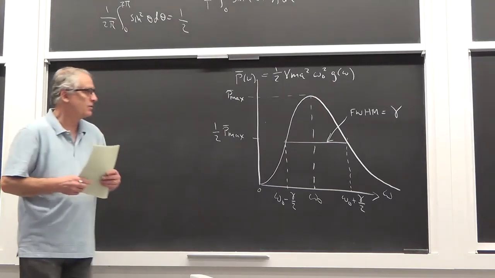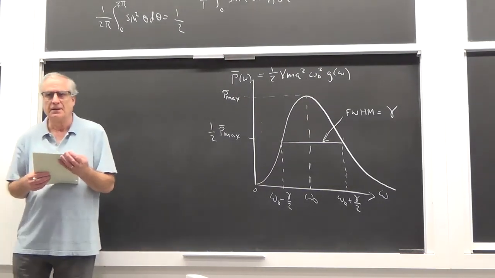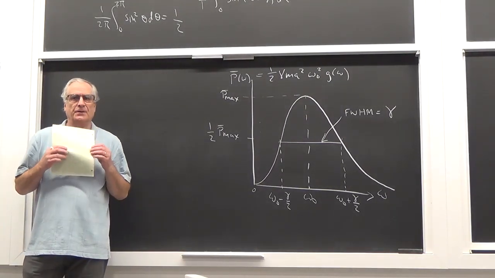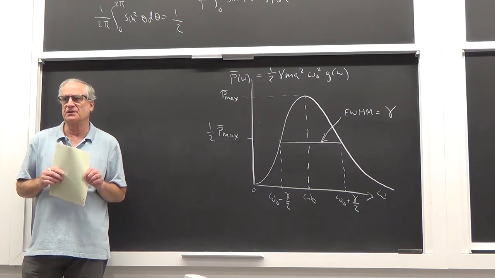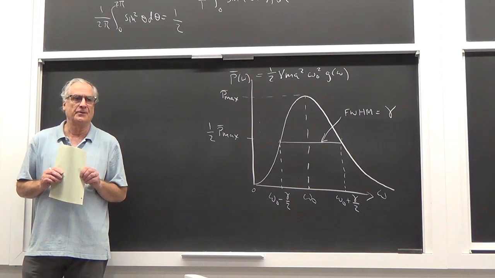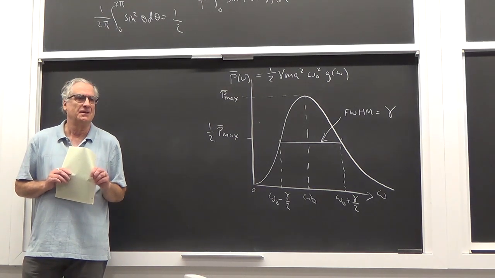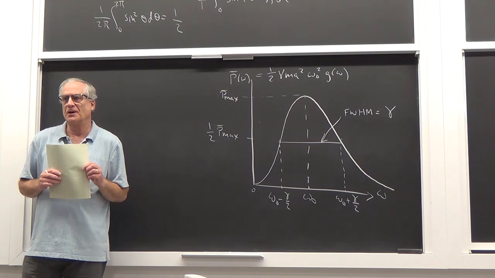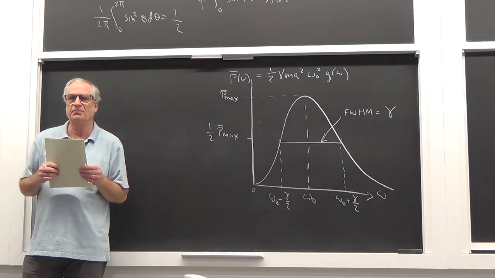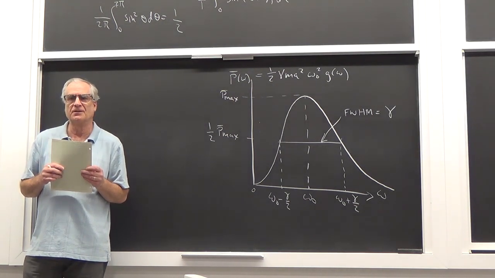Okay, so that's damped-driven harmonic oscillators. Are there any nagging worries? Because I'm gonna go on, I'm gonna still do this, but I'm gonna make things a little more interesting now.